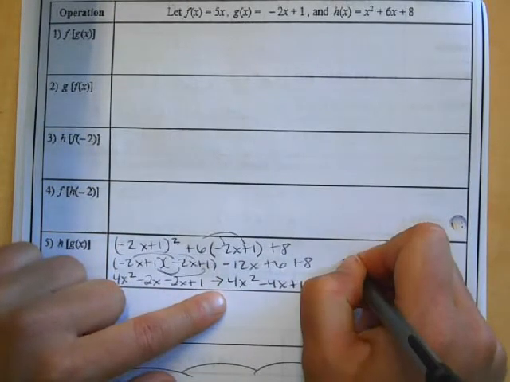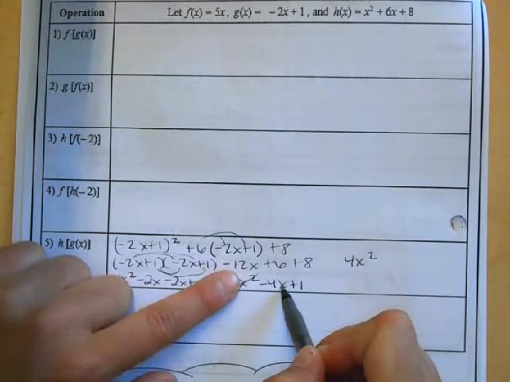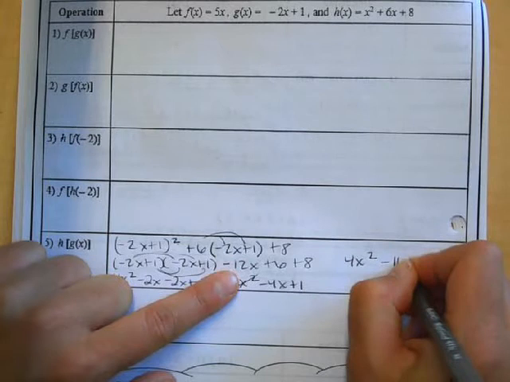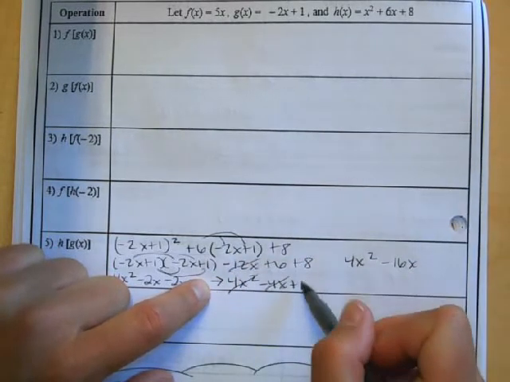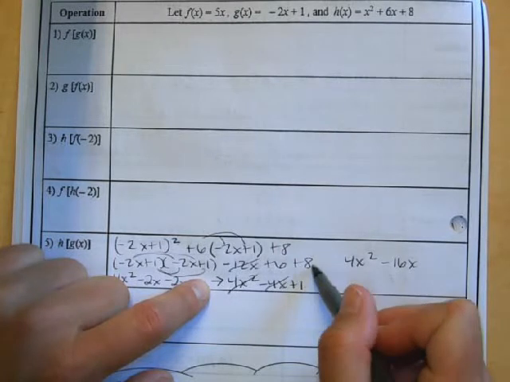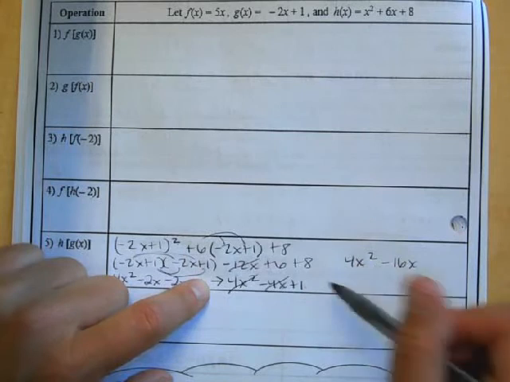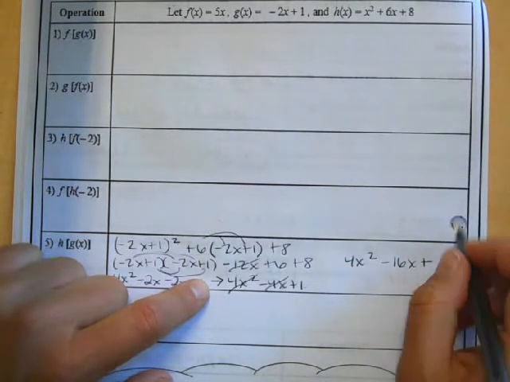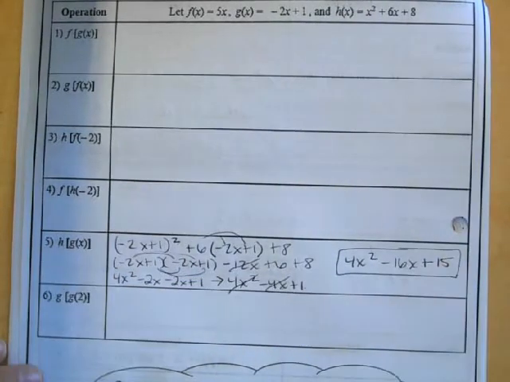I don't have any more x squared, so 4x squared is it. Then I have a negative 4x and a negative 12x, so we have a negative 16x. And then we have our 6 and our 1 and our 8, so we end up getting 15. And that is our final equation.